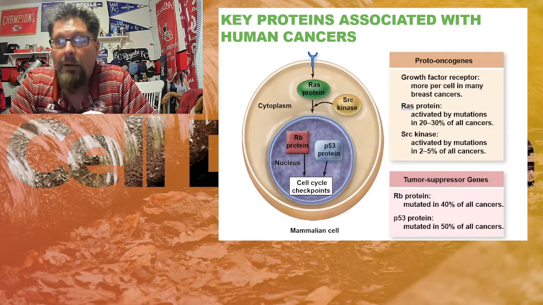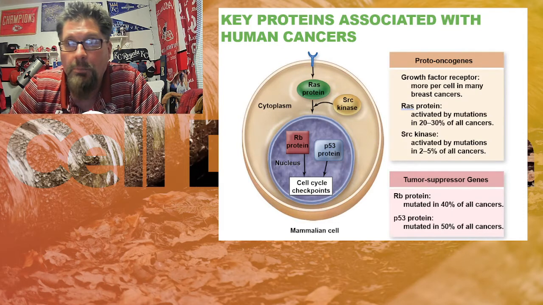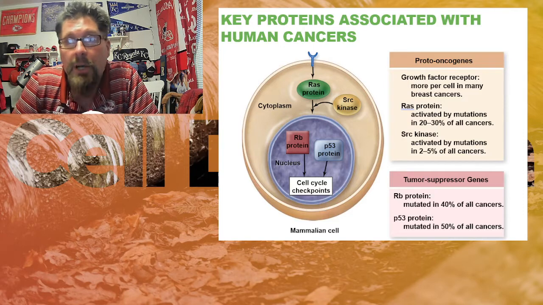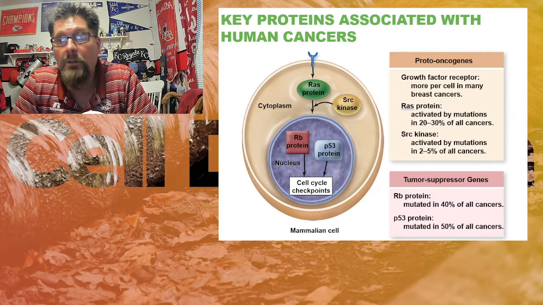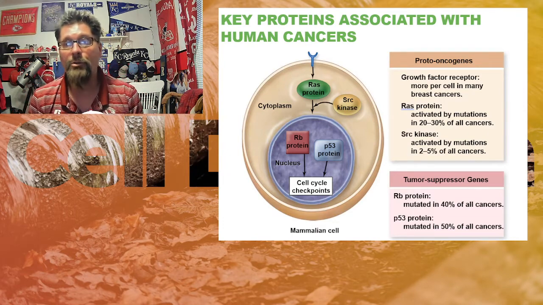So here's a diagram that kind of just shows everything that we've been talking about. You get your proto-oncogenes, those growth factor receptors, anything that they're checking for or responding to will be there.